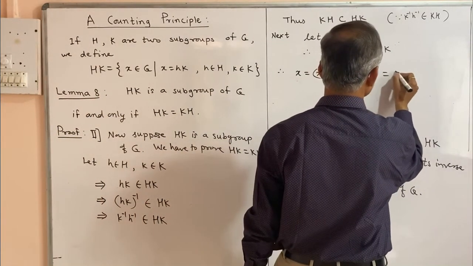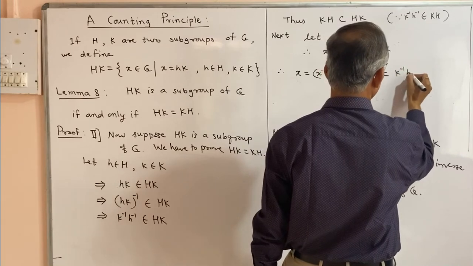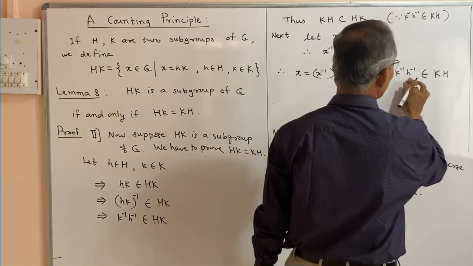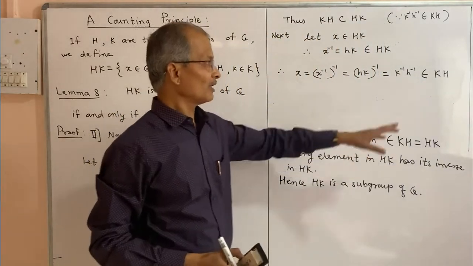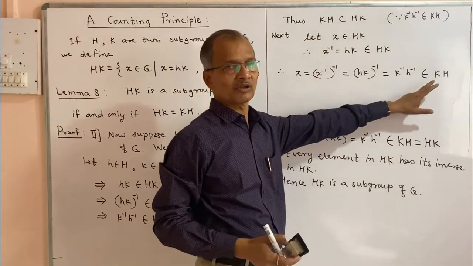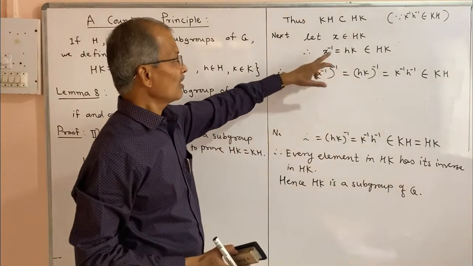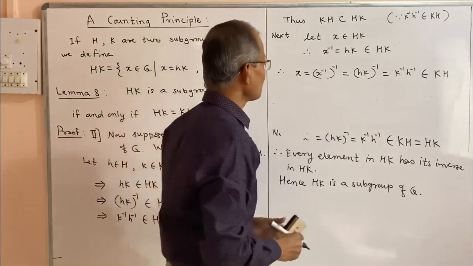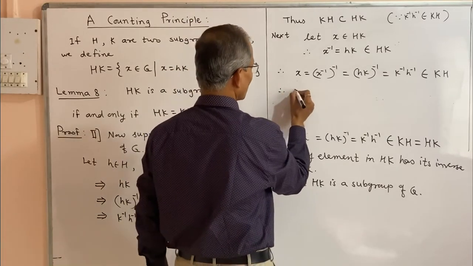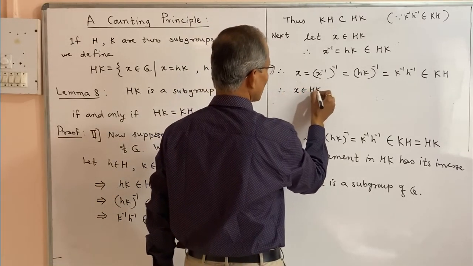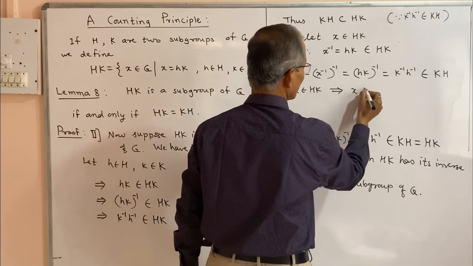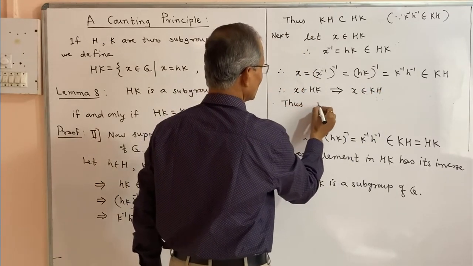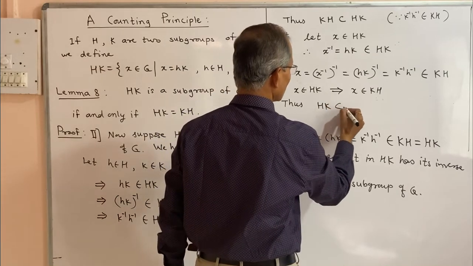So this is k inverse h inverse, and this belongs to KH, an element of K and an element of H. So thus X belongs to HK implies X belongs to KH. And thus HK is a subset of KH.